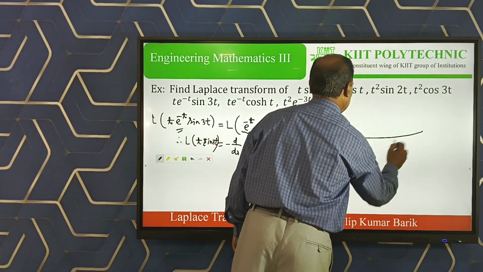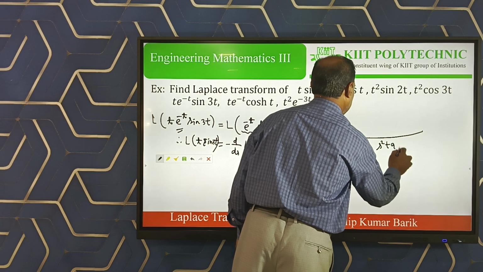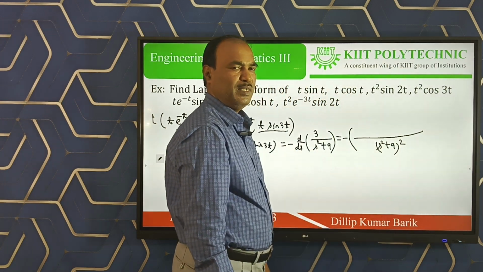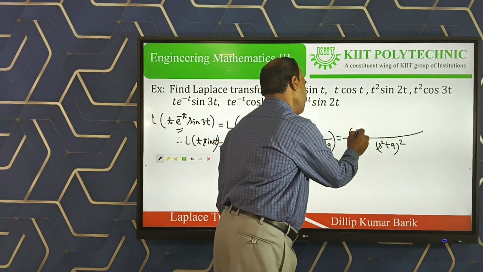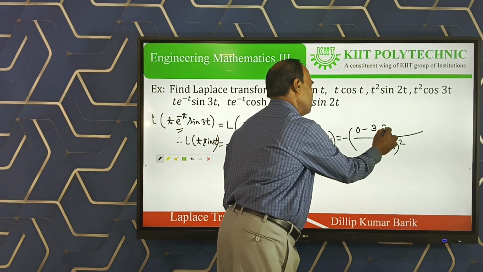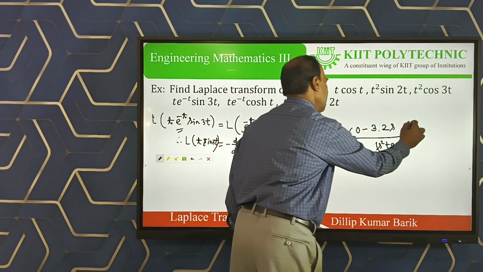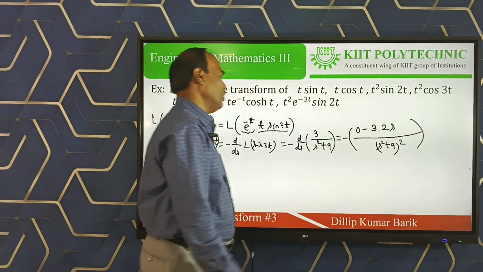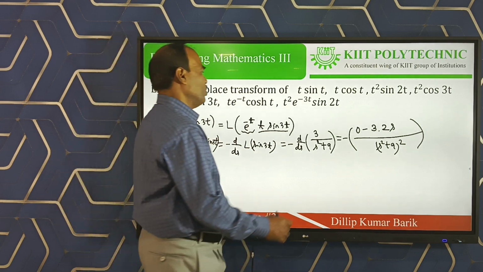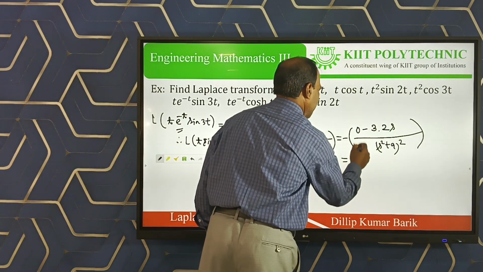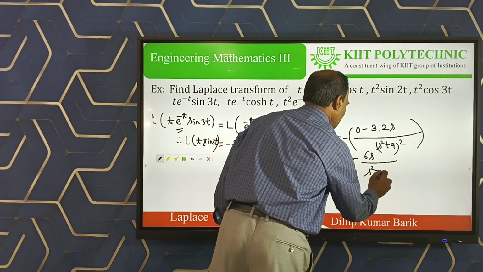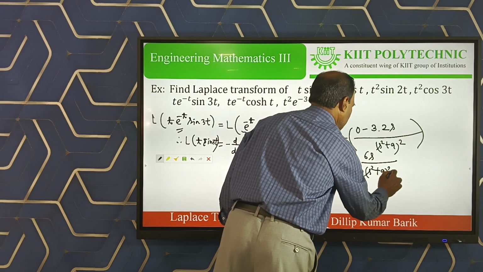So clearly v square means (s square plus 9) whole square. U derivative means the derivative of 3 is equal to 0. 0 multiplied by something is 0, minus 3 into the derivative of s square, which is nothing but 2s. The derivative of 9 is 0. So clearly the derivative of s square plus 9 is only 2s. So which is nothing but minus, minus 6s divided by (s square plus 9) whole square.